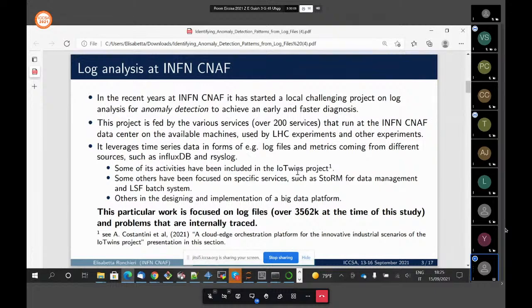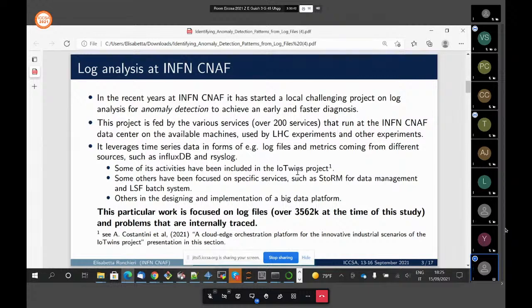The data sets have different forms: log files, but also CSV for specific metrics that come from different sources like InfluxDB and RCS log, the second one for the log files. And the activities are various. Some of them have been included in the IO Twins project, and Alessandro Costantini is going to talk about this project in the next presentation.